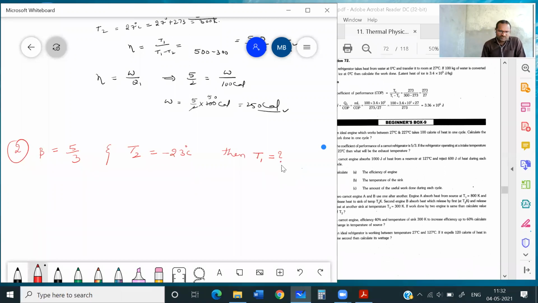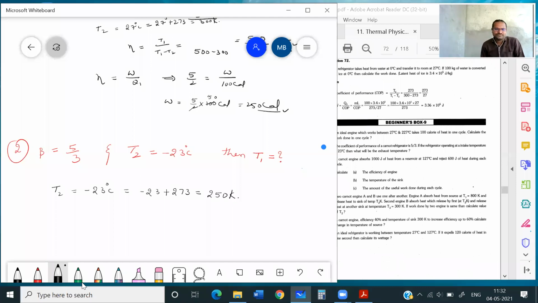First we need to convert T2 into Kelvin. T2 is equal to minus 23 plus 273. 273 minus 23 is 250 Kelvin.